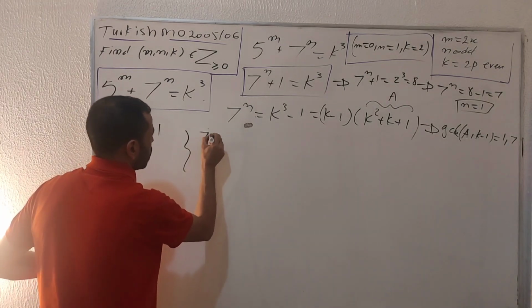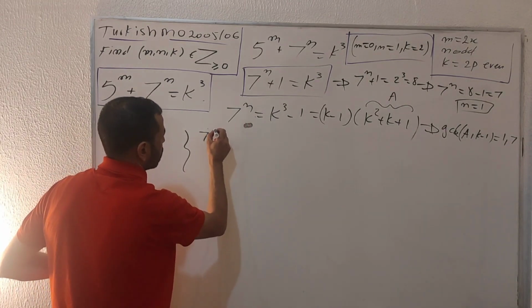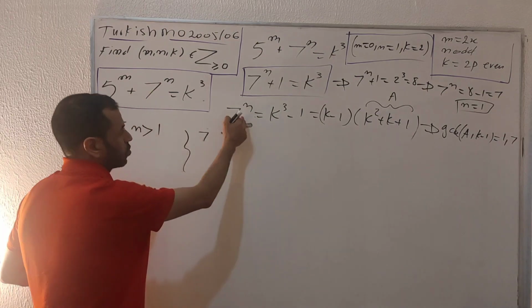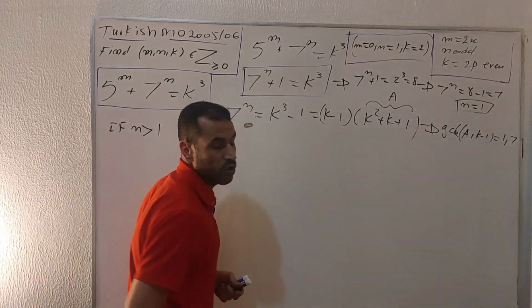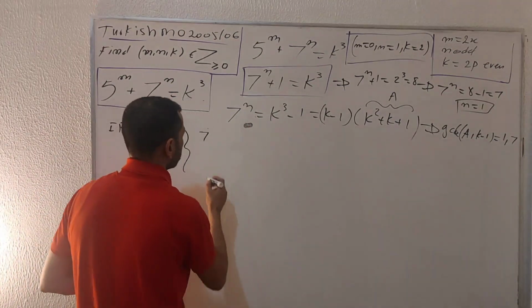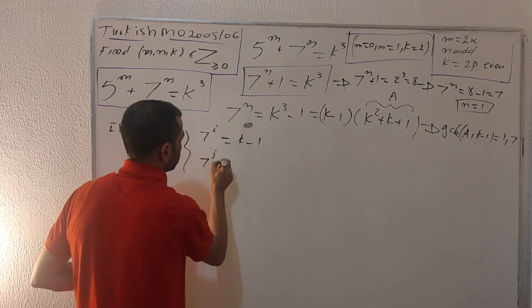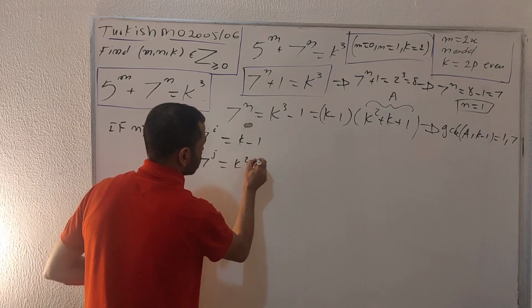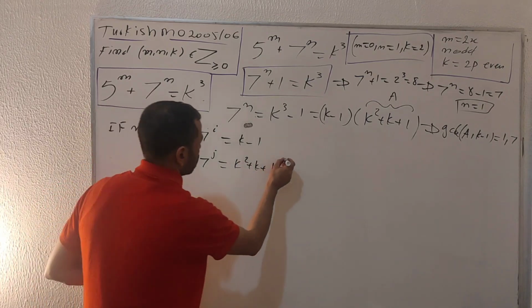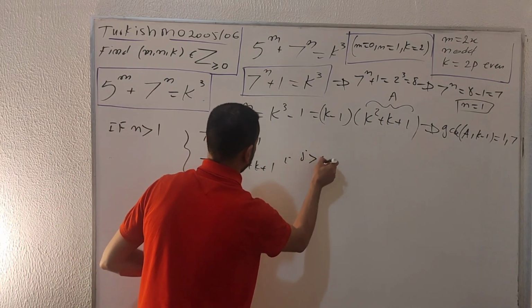So we'll have 7 to the n. Since the left hand side of this equation is a power of 7, which means the right hand side of this equation is a power of 7 as well, which means 7 to the i equals k minus 1 and 7 to the j equals k squared plus k plus number 1, where j is strictly superior to i.